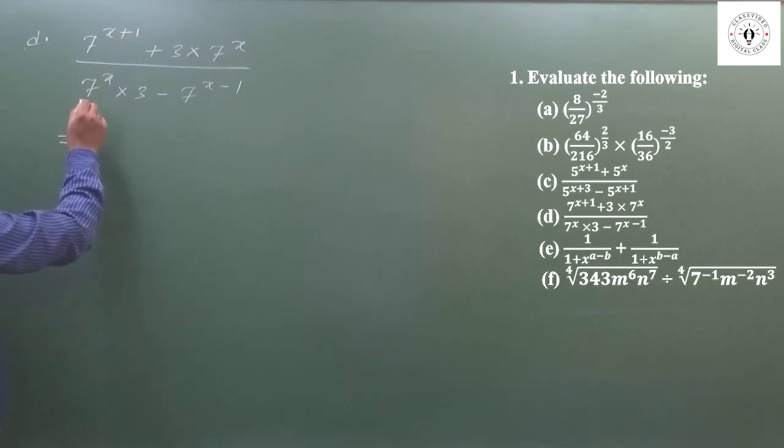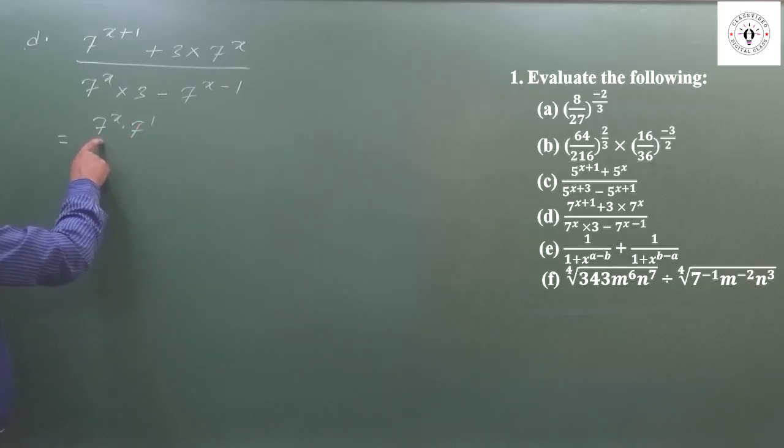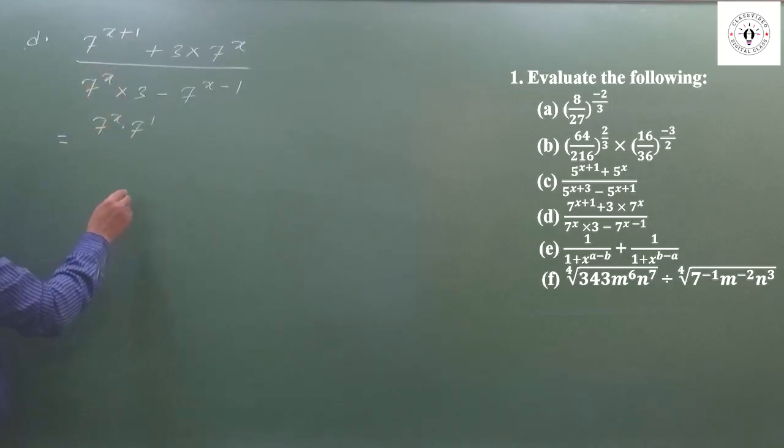Look here. 7 to the power x plus 1 can be written as 7 to the power x into 7 to the power 1. We have discussed this concept in the previous question also, because in multiplication, when bases are same, power is added. So 7 to the power x and 7 to the power 1 both have same base 7, and in the middle we have a multiplication sign, so power will be added.